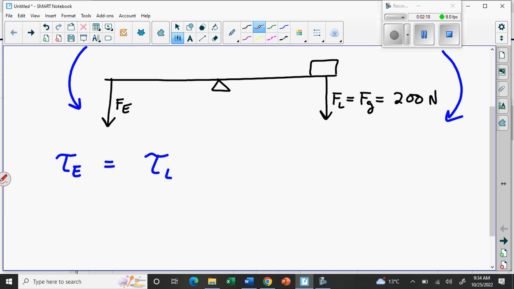We can say that the load force is the opposite direction of the effort force if we put a minus in here. And now it's a more precise statement. It actually says that the magnitudes or the amounts of these torques will be the same, but their directions will be opposite.